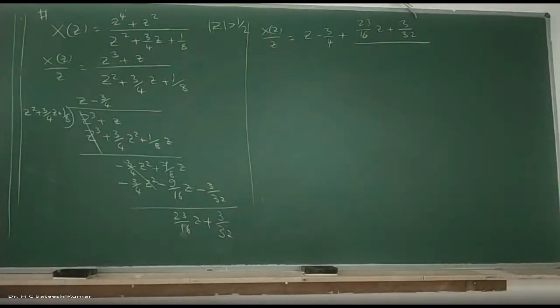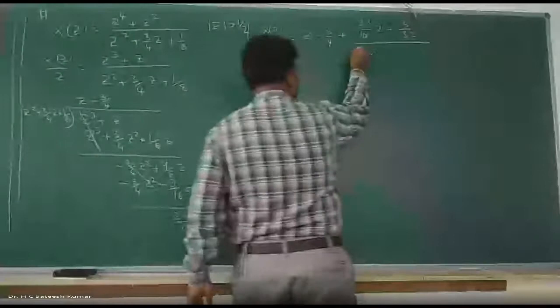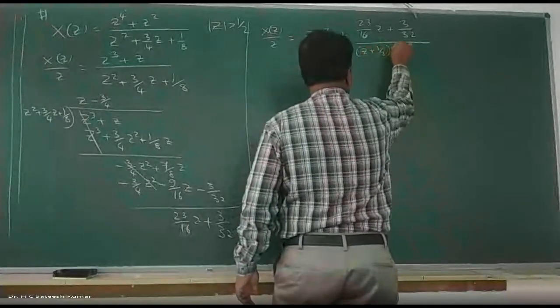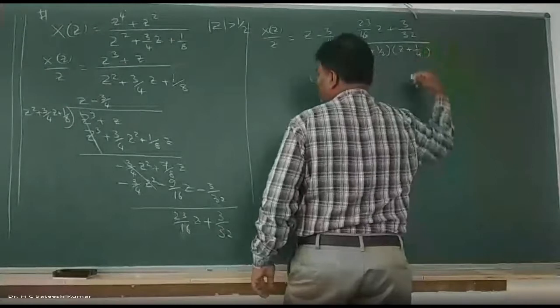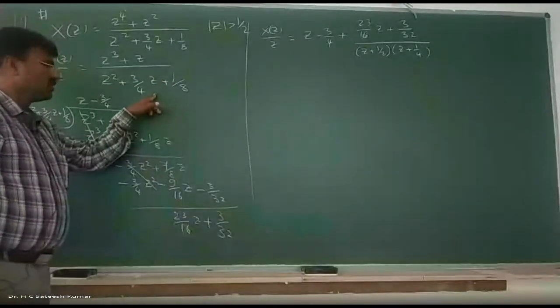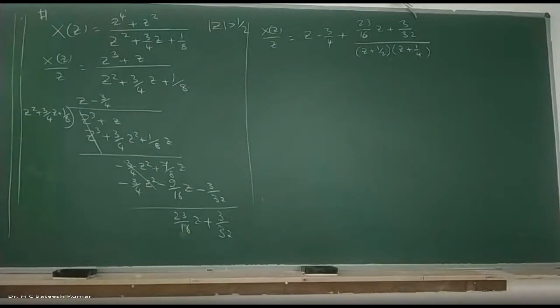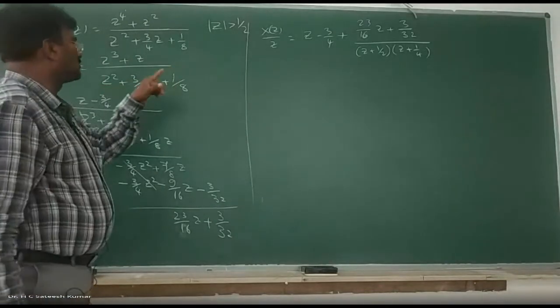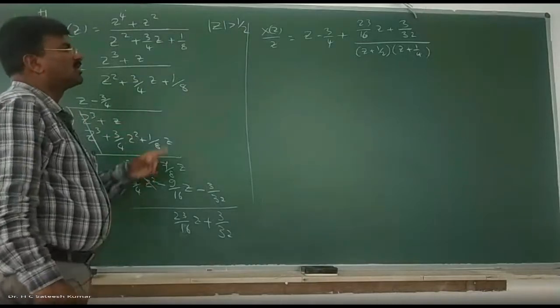When you find the roots of the quadratic using the quadratic equation solver, we get the factors Z plus 1 by 2 into Z plus 1 by 4. The roots are minus half and minus 1 by 4.